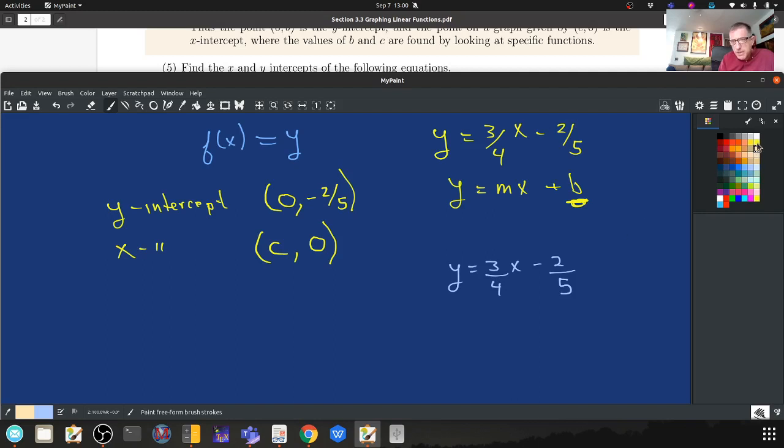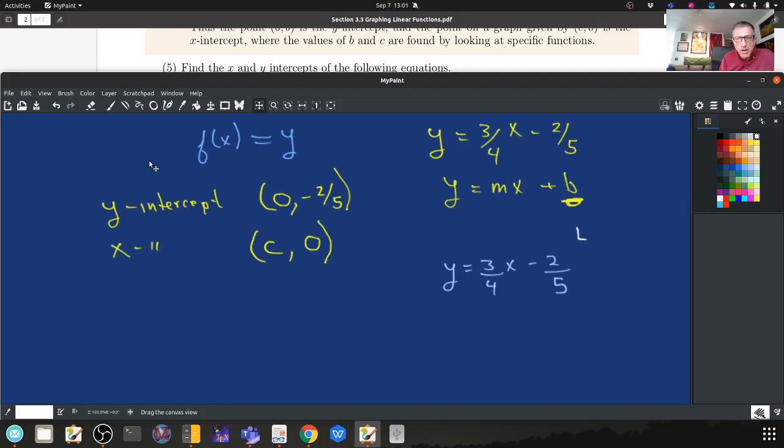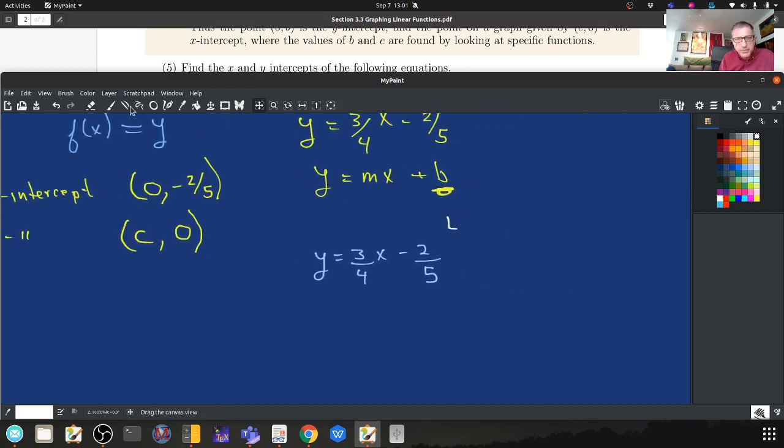The first step is to find the LCD of 4 and 5. Well, 4 and 5 don't share any common factors, so the LCD is just their product, which is 4 times 5, which is equal to 20. So I'm literally going to multiply both sides of this equation by 20. Well, one side, that's going to be easy. And here you have to be really, really careful.